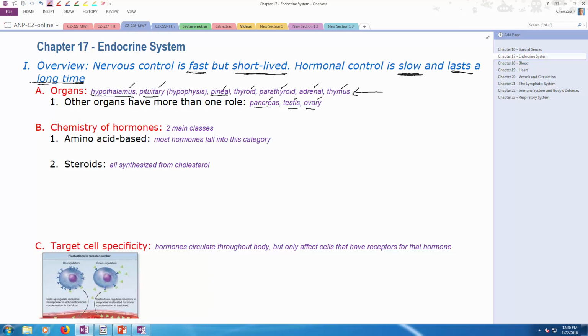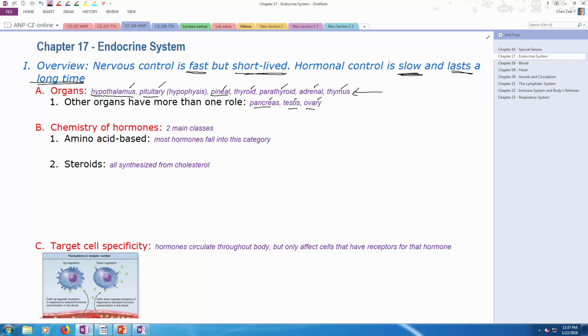People take pills for it when it's not working too well. Pancreas actually produces enzymes which are involved in digestion. So the pancreas has a dual function. It's an exocrine organ for digestion and an endocrine organ for glucose homeostasis.